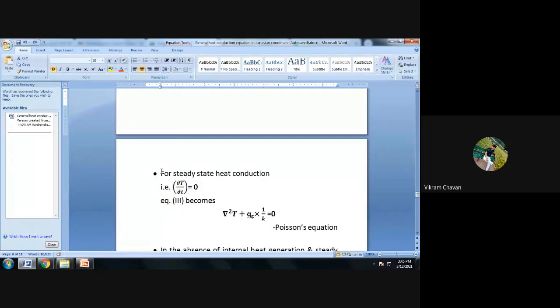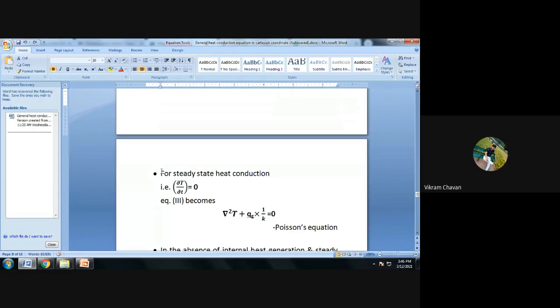Steady state means: if any property, like velocity, acceleration, temperature or pressure, is not changing with respect to time, then that property is considered a steady state property for the particular system. Here we are dealing with temperature only.